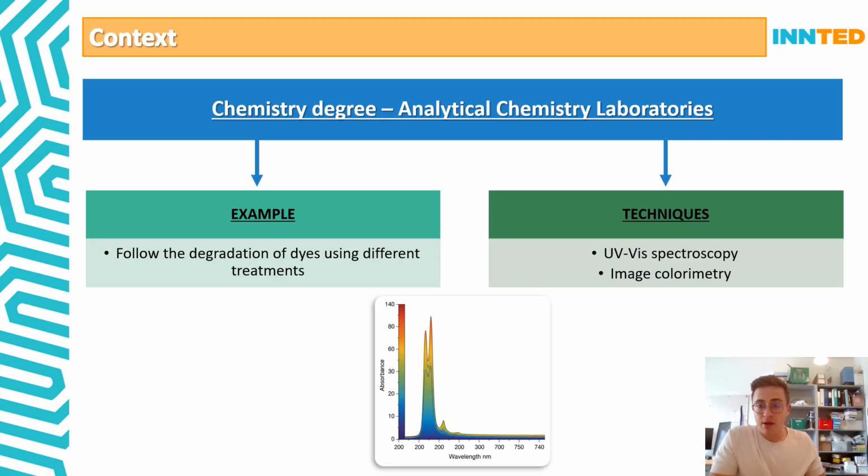In particular, we can compare two different technical approaches, two different instrumental approaches to measure that color. One of them is ultraviolet visible spectroscopy, that is, recording the continuous spectrum of each of the individual dyes across different wavelengths, or we can implement also image colorimetry.